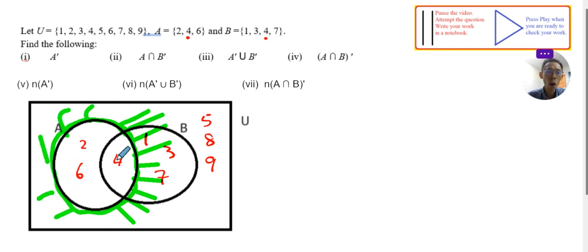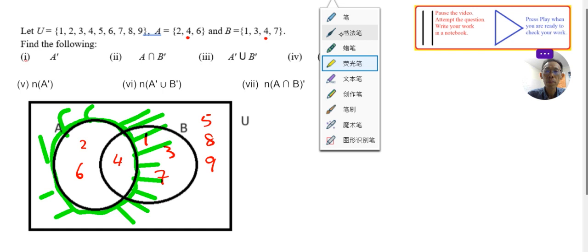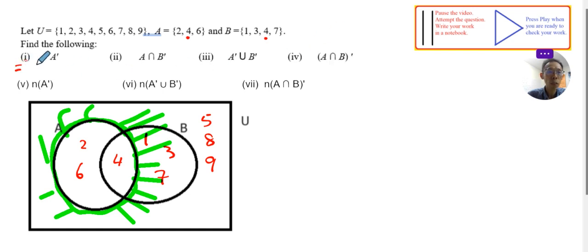And you can see that these are all the numbers except 2, 4, 6. So now I put in the answer, right? You use a curly bracket for set. So you can put in 1, 3, 5, and then after that, 7, 8, 9. So, right, that's 1, 3, 5, 7, 8, 9.